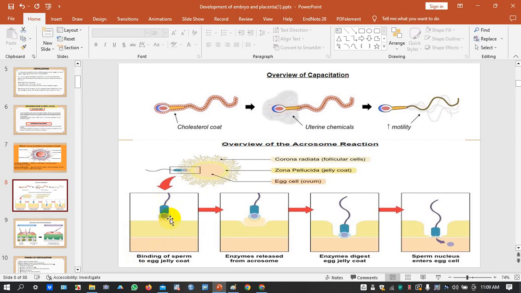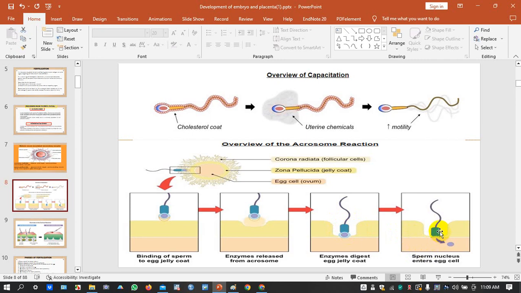So when the sperm touches, it uses its acrosome layer to touch the zona pellucida. What happens? There is binding of the sperm to the jelly-like coat, that's the zona pellucida. Enzymes are released from the head of the sperm, or the acrosome, to react with the zona pellucida. Enzymes digest the zona pellucida. You can see the yellowish thing has been digested.